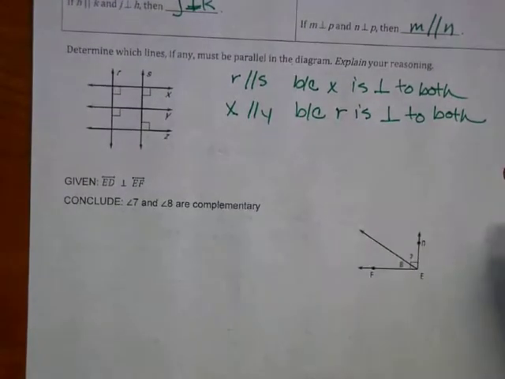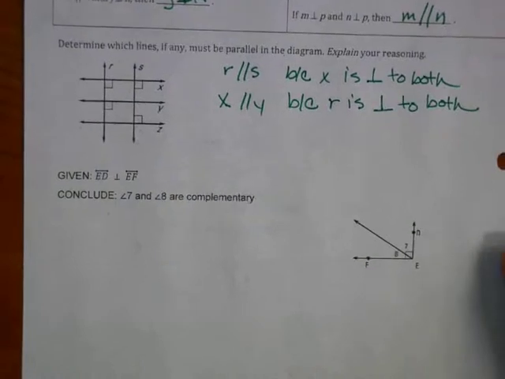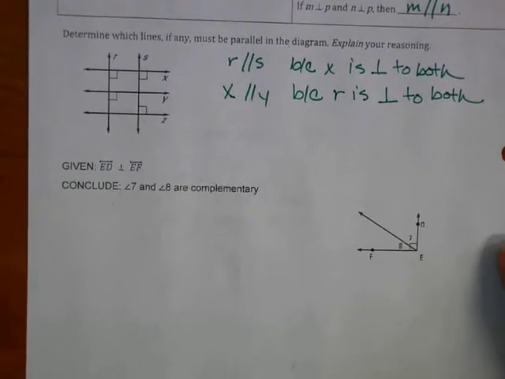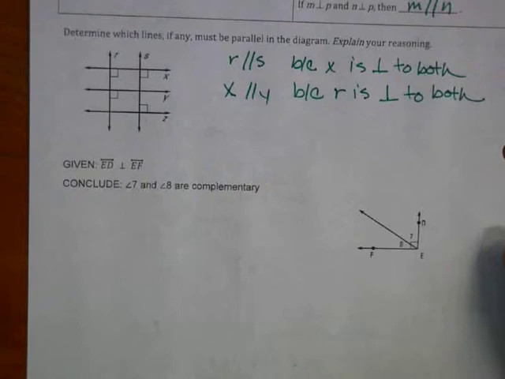What else do you see, May? Y is parallel to Z. How come? That's a little tricky, that one. There's another reason for it, but let's get to it first. There's one other set we can say before we say Y and Z. What is it, Connor? X and Z.